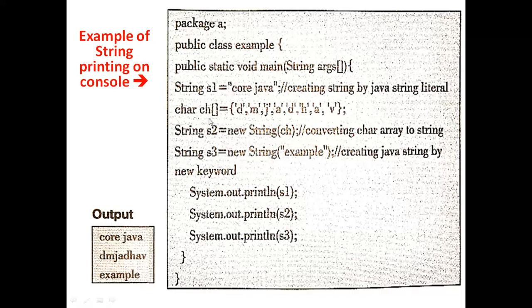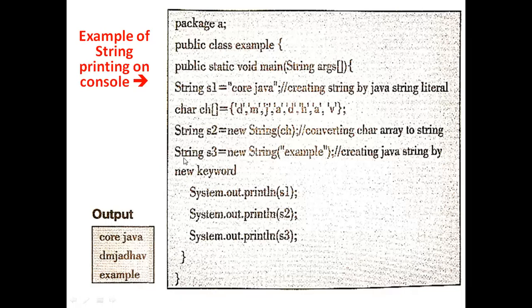We have created one array ch of characters, in which we have stored different characters. We have created another string variable s2, in which we have stored new String(ch). Therefore the characters which we have declared earlier will be stored into s2.